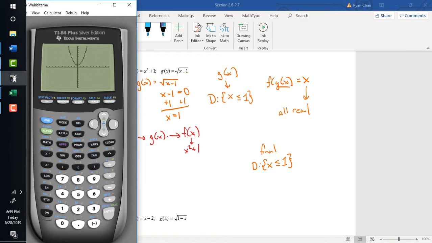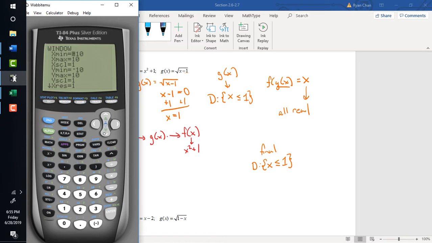Now, again, here's the thing to be very careful with your calculator. Your calculator looks like it's cut off, right? That's not true. Your parabola continues to go up, because if I adjust my window, and let's say I make it like 50, I can see it's continuously going up.